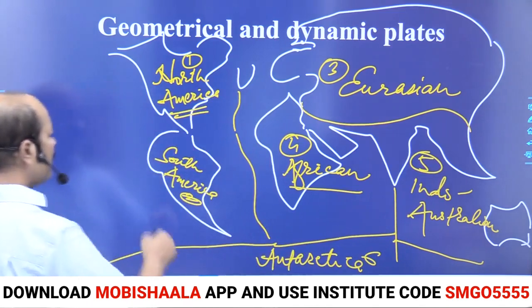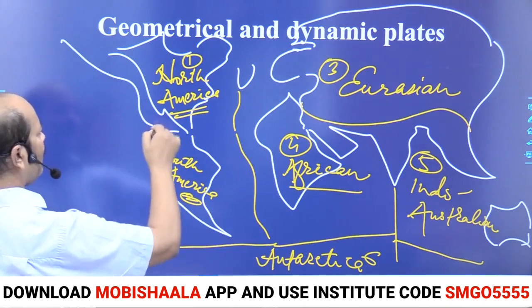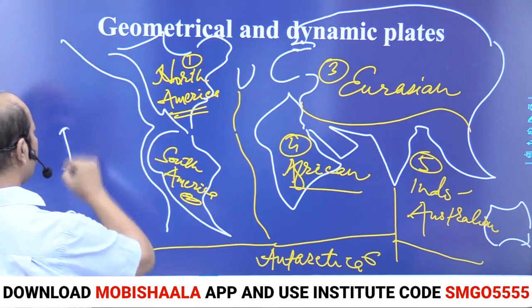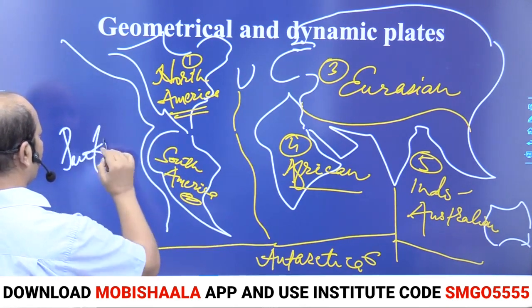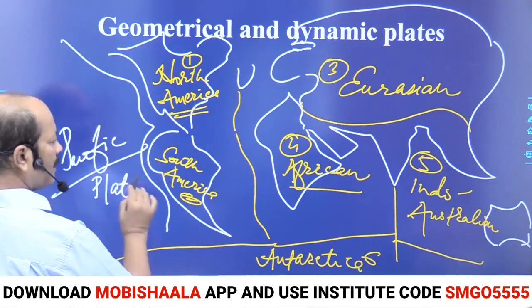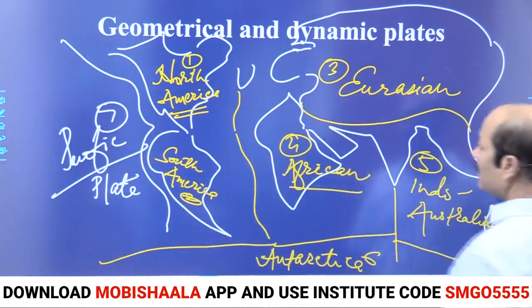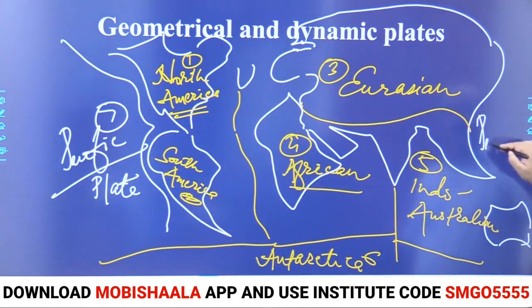Now it comes to the largest plate on the Earth's surface. We can say it is the area of the Pacific Ocean. Pacific plate. This is the 7th plate, or the largest plate on the Earth's surface, named the Pacific plate.